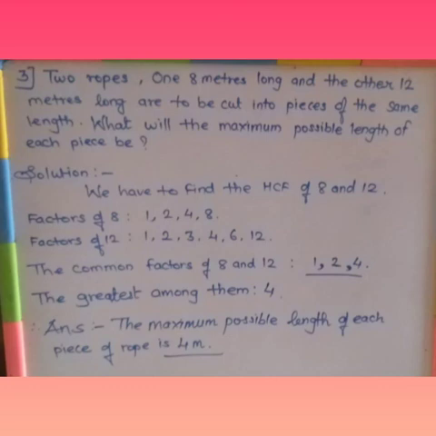The factors of 8: 1, 2, 4, 8. The factors of 12: 1, 2, 3, 4, 6, 12. The common factors of 8 and 12: 1, 2, 4. The greatest among them is 4. The answer, the maximum possible length of each piece of rope is 4 meters.